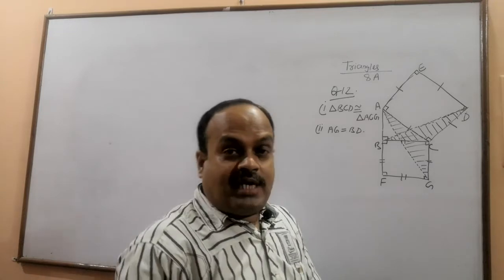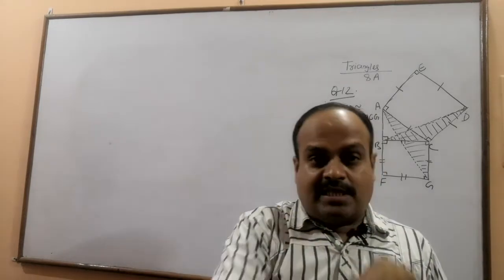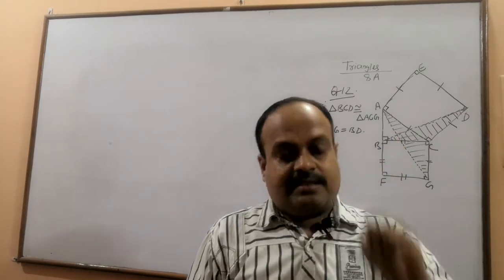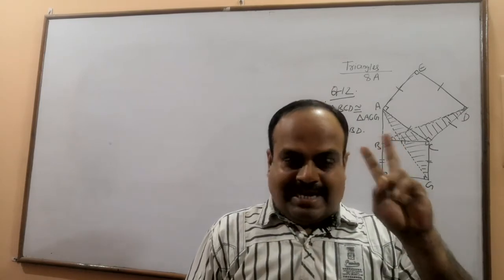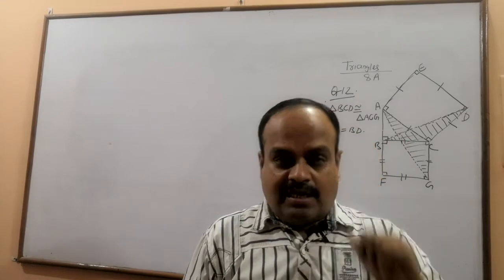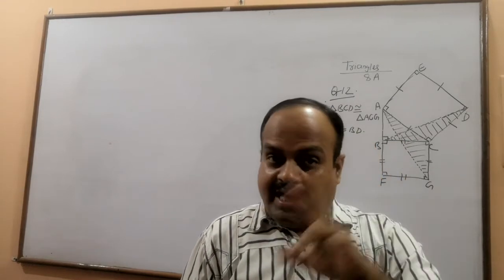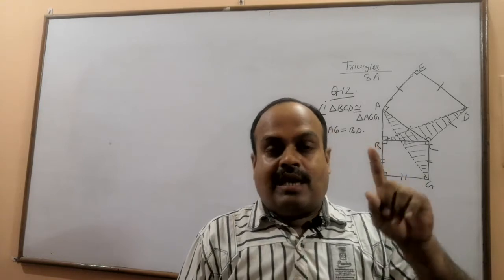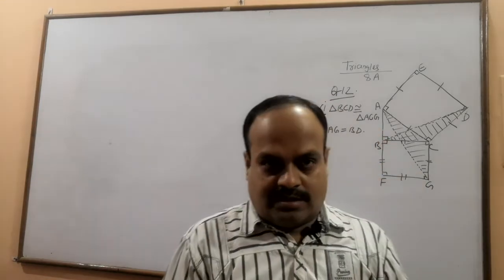I hope you all know that there are 4 tests for congruency of the triangles. These 4 tests are as triple S, SAS, two sides and one angle, AAS or ASA, and the last one RHS.